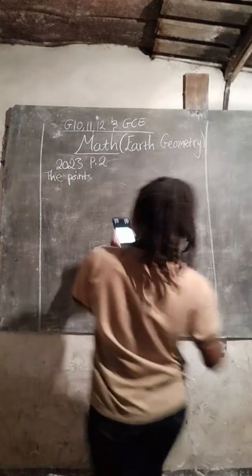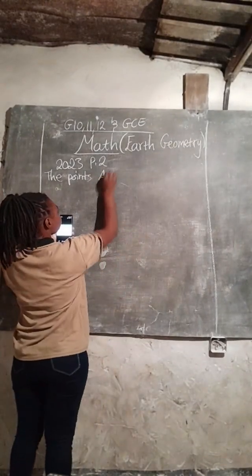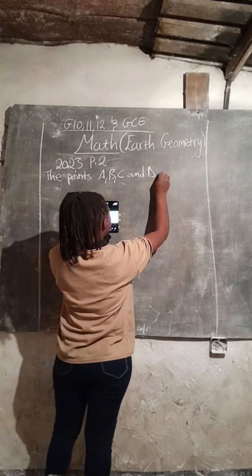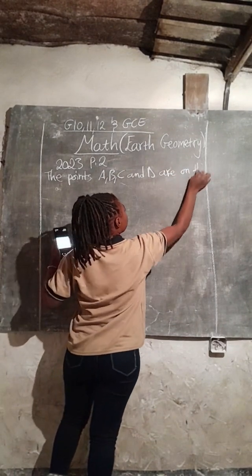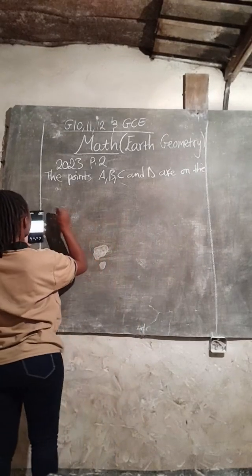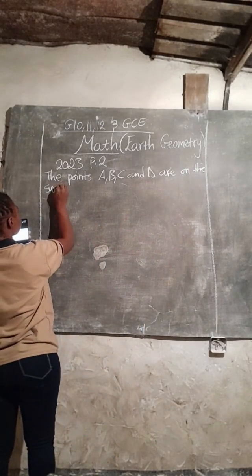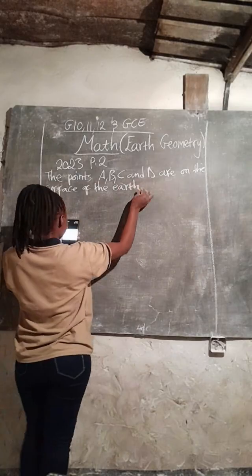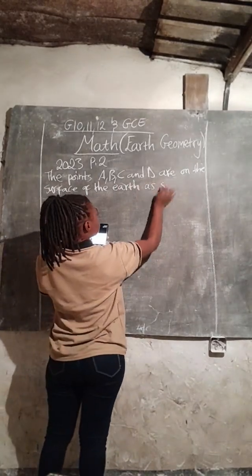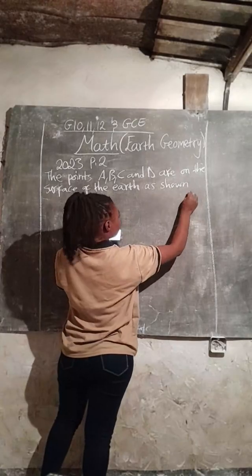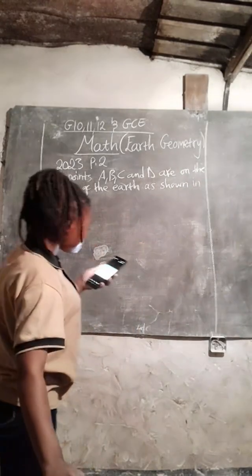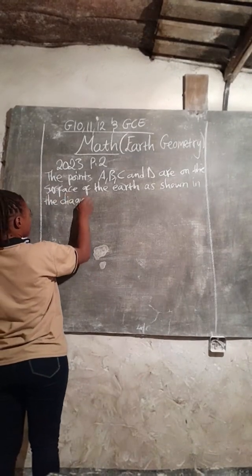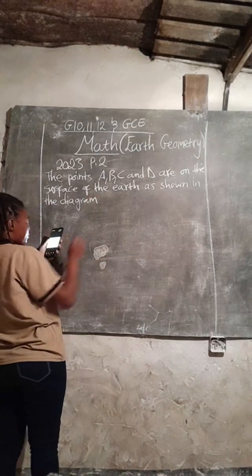So I'm saying the points A, B, C and D are on the surface of the earth, as shown in the diagram.